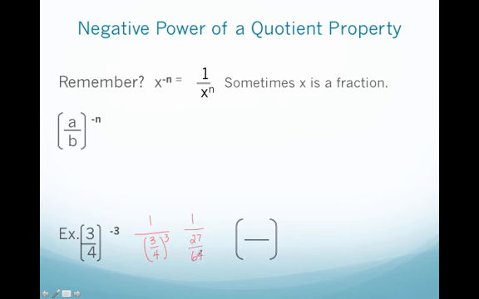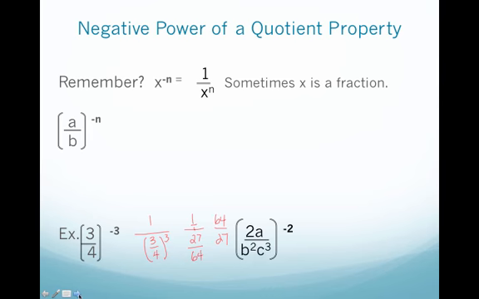And then when I simplify this fraction, because I've got a fraction in my denominator, that's not going to work. It's going to become 64 over 27. Remember, I did the outsides and the insides. This could technically be over 1, or I am multiplying by the reciprocal. Well, notice what happened in the end was the 4 cubed ended up on the top, and the 3 cubed ended up on the bottom.